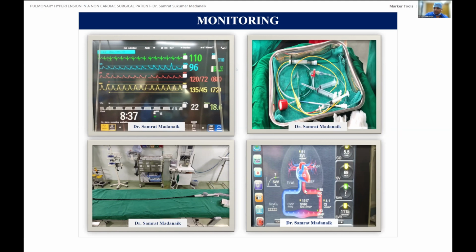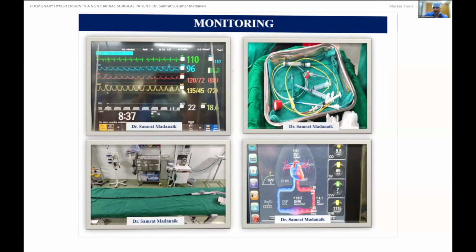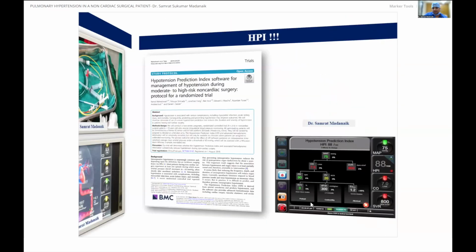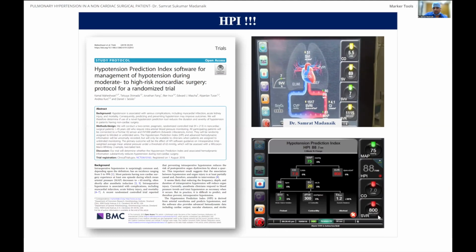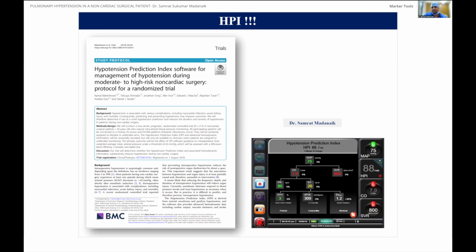Recently, with the advent of artificial intelligence and HPI, that is hypotension prediction index, these technologies can also be included in monitoring of these patients, especially high risk patients. There are studies going on and research coming out, so let us see what it has to offer regarding this subset of patients in the coming era.